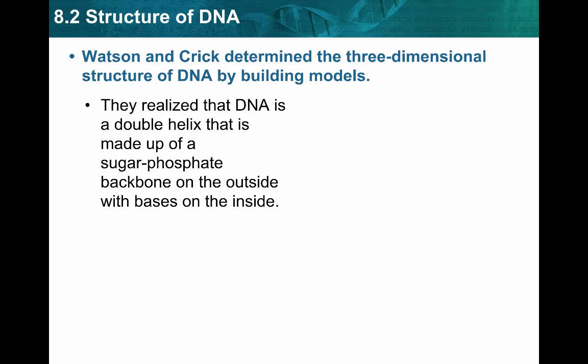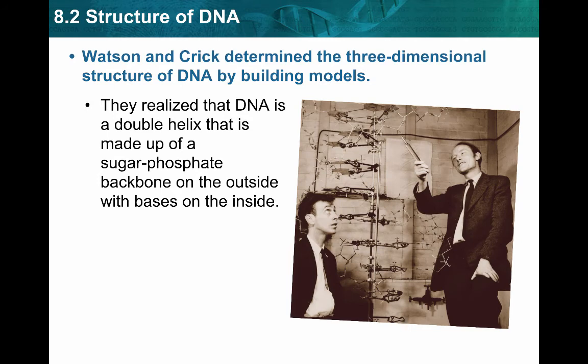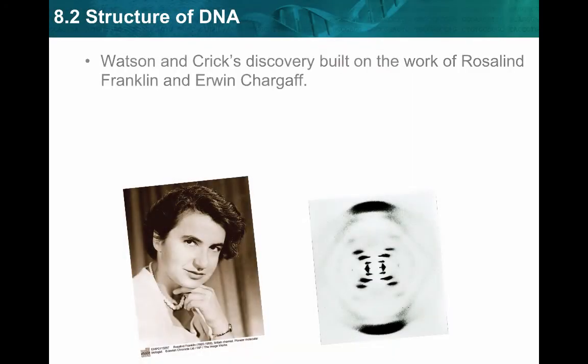A 3-strand structure, a structure where the nucleotides were on the outside of the molecule instead of the inside. But eventually they came to realize that the double helix has a backbone of sugar phosphate on the outside. So again, if it's a ladder, the sides of the ladder are made up of a repeating sugar phosphate chain, if you will, and the inside, or the rungs of the ladder, are made up of the bases.